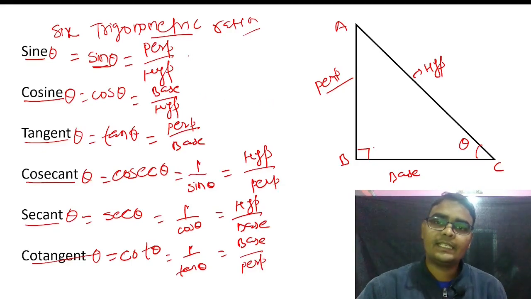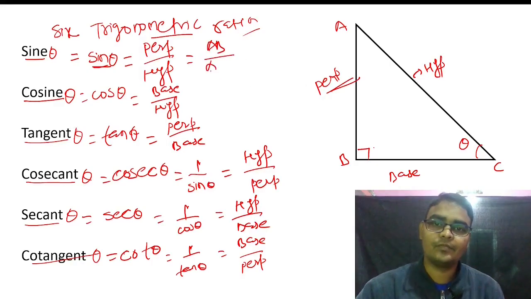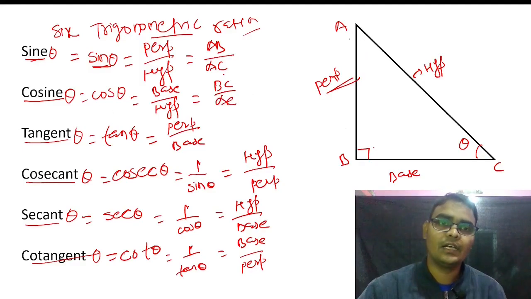So if you take this triangle, what is the perpendicular? Perpendicular is AB. Hypotenuse is AC. So sin theta we write as AB upon AC, and for cos theta, base is BC and hypotenuse is AC, so cos theta is BC upon AC.